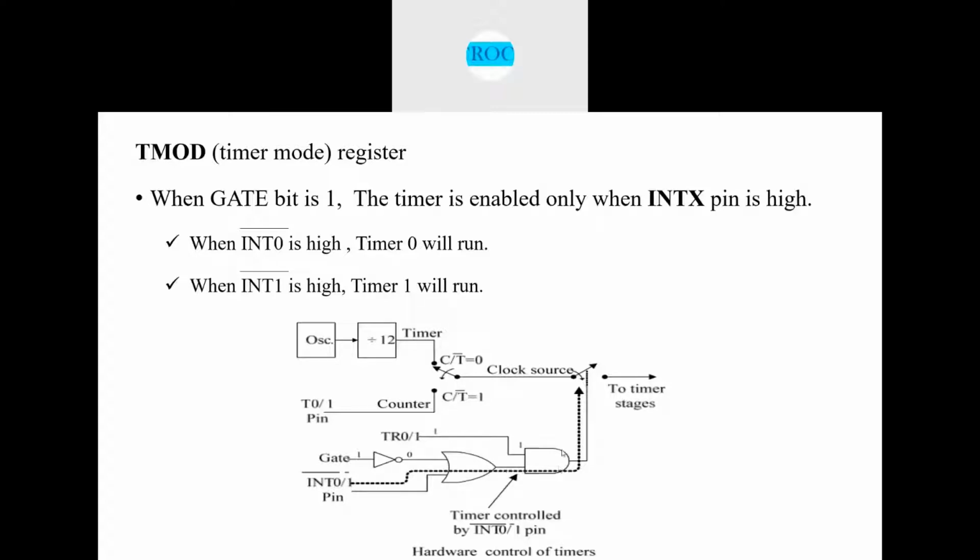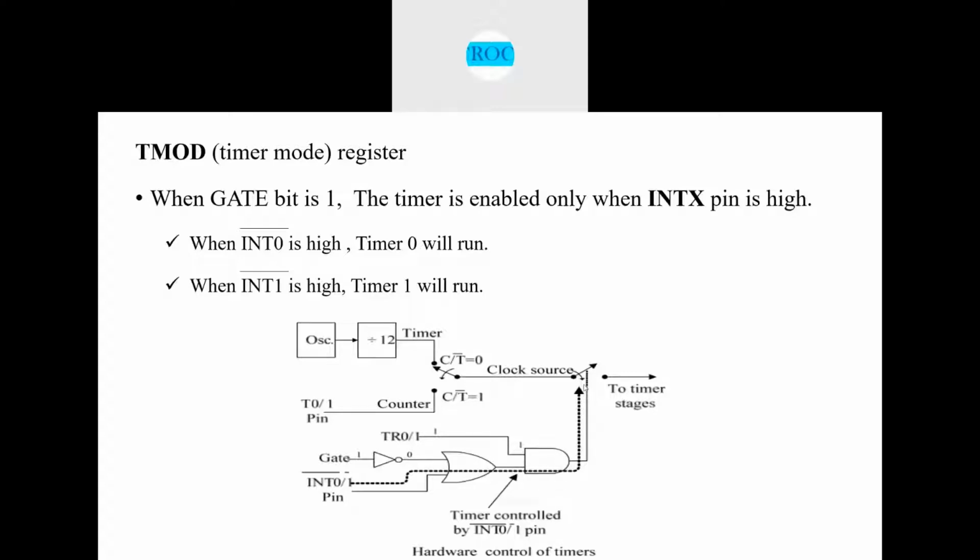The output of the AND will be 1 only when the TRX bit is also set. It means that in addition to the external interrupt pins being set, you need the timer starter bits to be set. Then only will the output of the AND gate be 1.